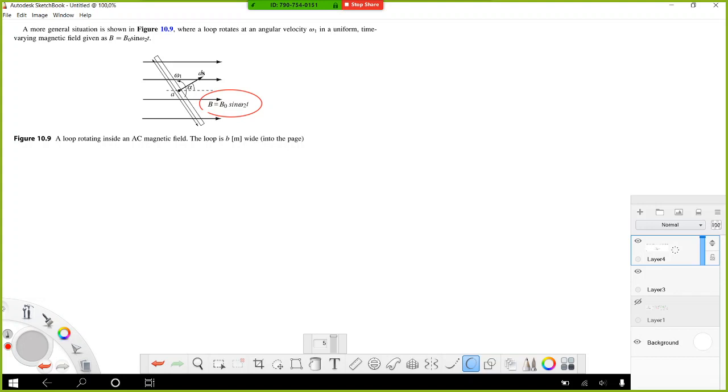What will be the electromotive force in this case?